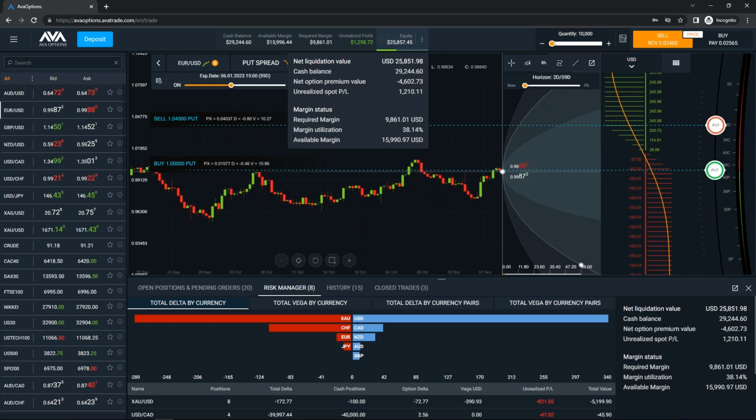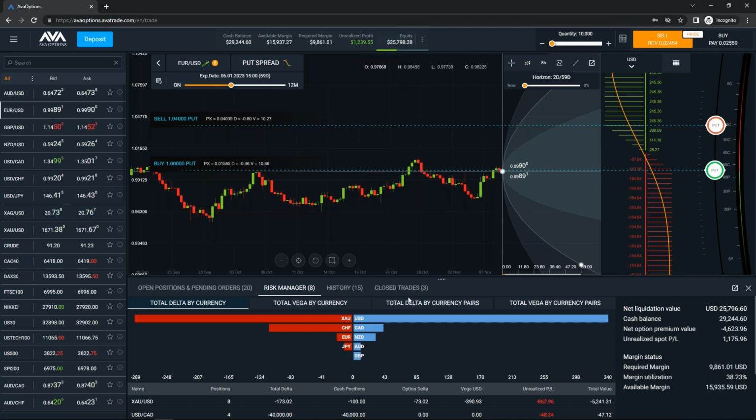And if it gets to 100%, it'll turn red. And when it turns red, you will only be able to close trades. You won't be able to open new trades unless you make a deposit because you'll be using all of your available margin. If your account value drops below half of the required margin, we close all of your positions automatically to protect you from losing more than your account value.